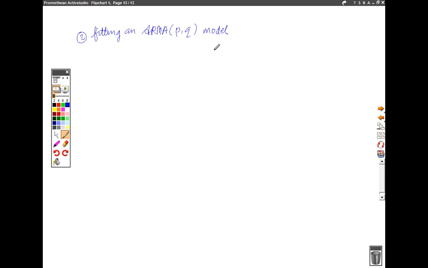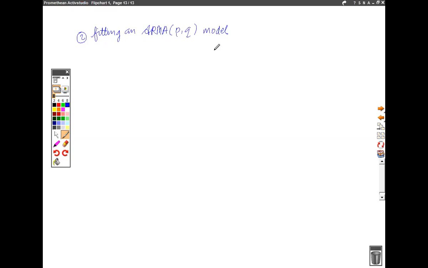So generally what happens is, let's say you have AR with P and MA with Q. So you have an ARIMA(P, Q) model. The very first question that comes to your mind is, how many parameters should I have? Remember, we have n data points, and should our P plus Q be n, or should it be something like n minus 1?